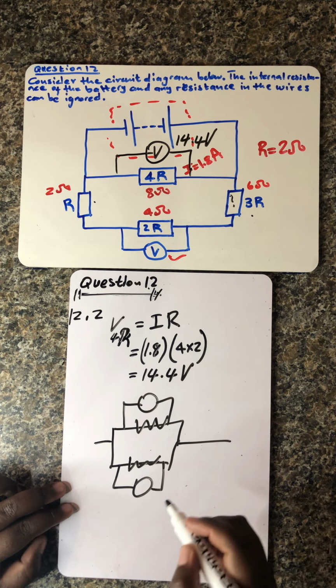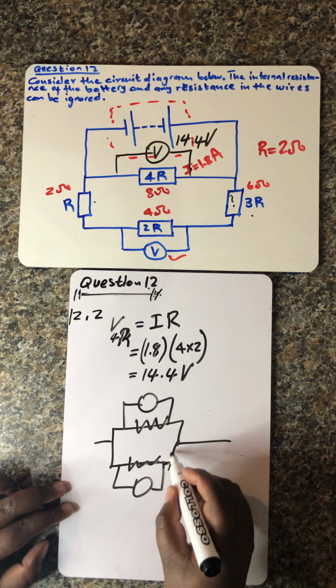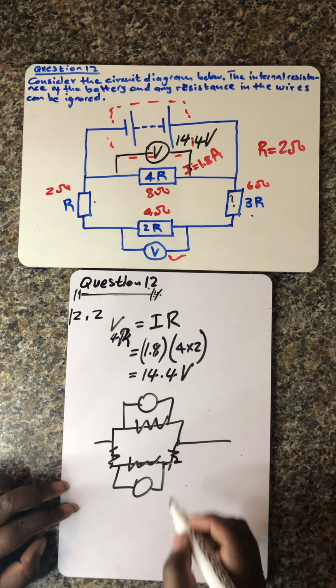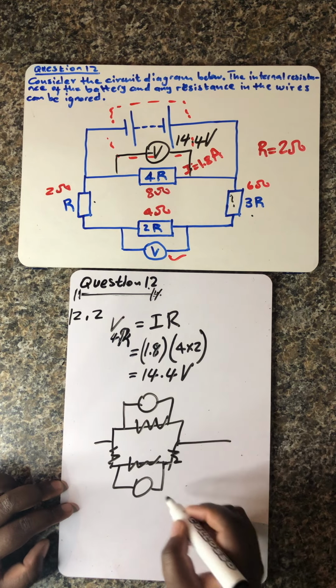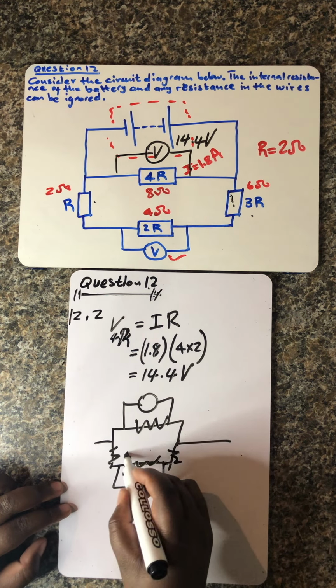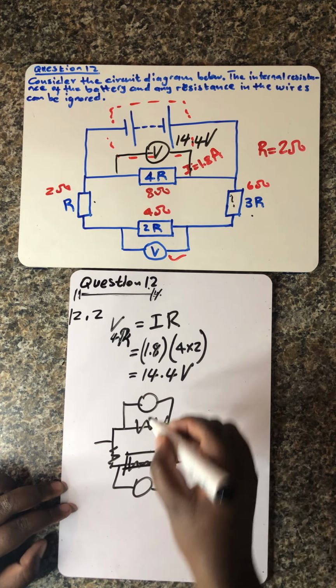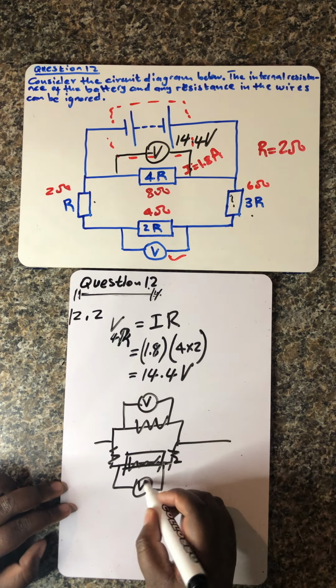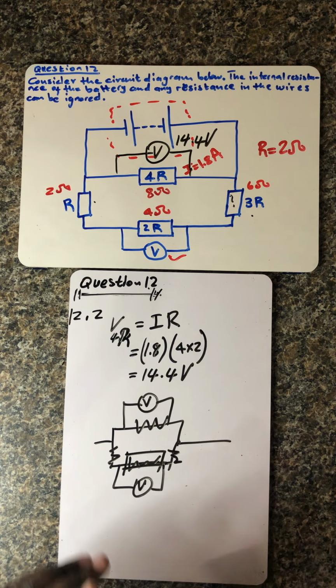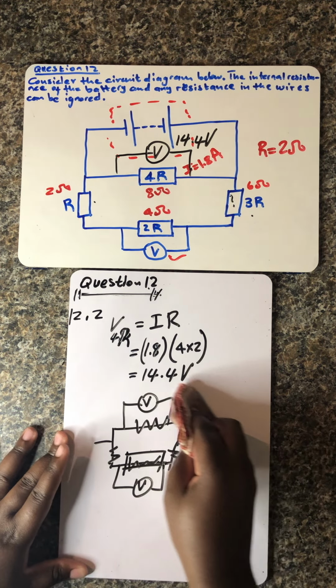But remember, most importantly, for V of this side, when you don't have any other connections in series. If you've got connections in series, then you must add them all and find just one R. Then you know that V is the V of all of those R's. It's very important that you understand this part.